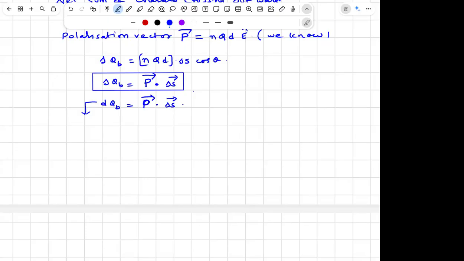You can expand this to the total region also, which means this equation holds for very small patches, because the portion which we have selected is a patch inside a dielectric.